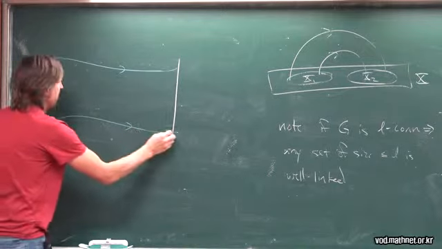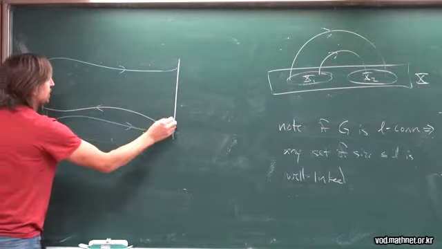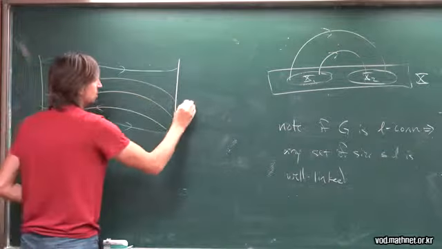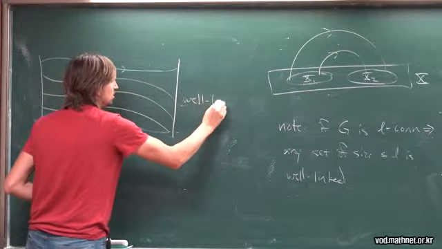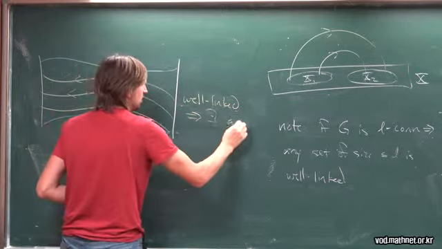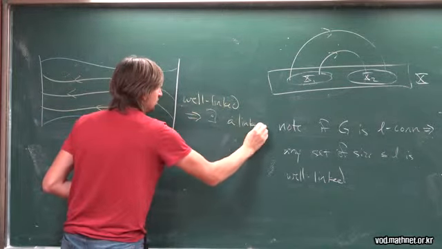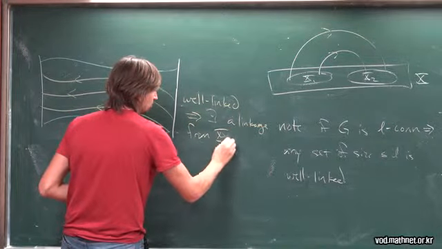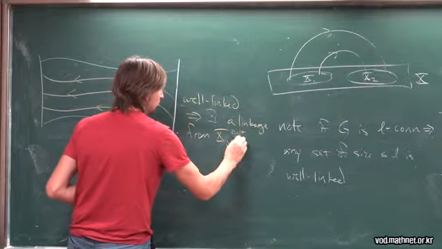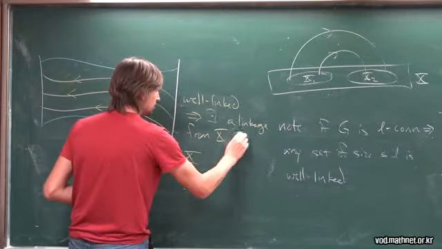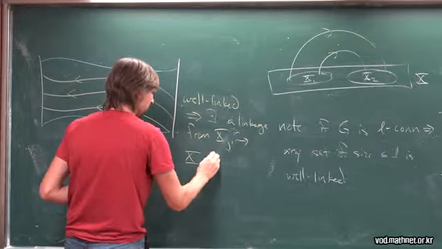So I also have paths coming back this way, from xj prime out to xi prime in.